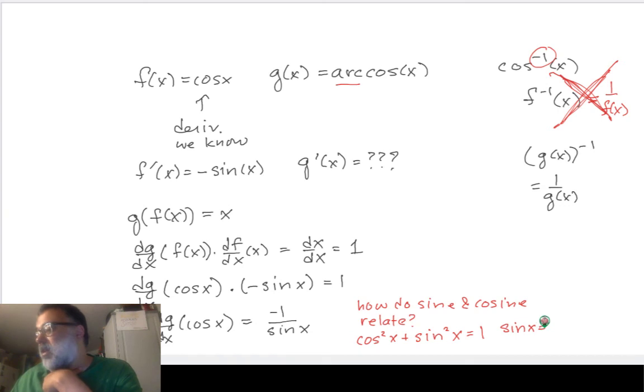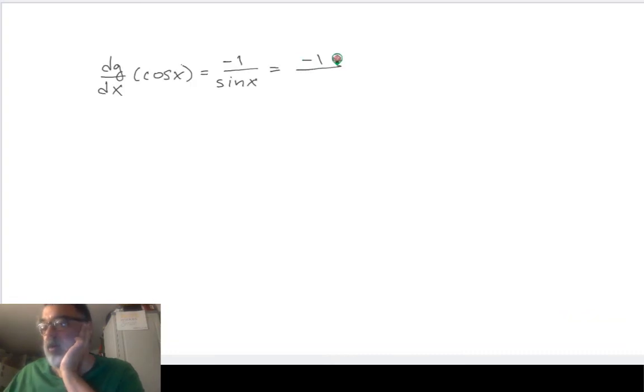One way to think about sine is as the square root of 1 minus cosine squared x. So what that's going to mean is minus 1 over the square root of 1 minus cosine squared x.